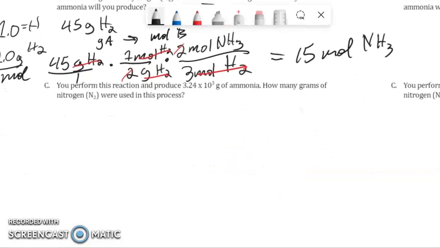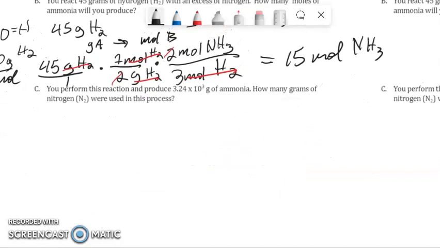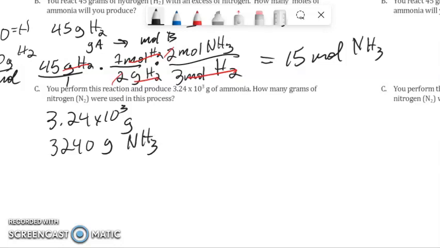All right. Lastly, we have 3.24 times 10 to the third grams. I'm going to make that 3240 grams of ammonia. We're being asked for grams of nitrogen gas.